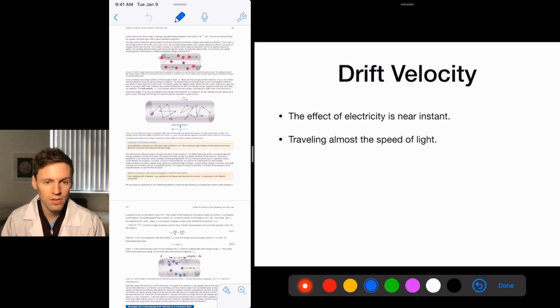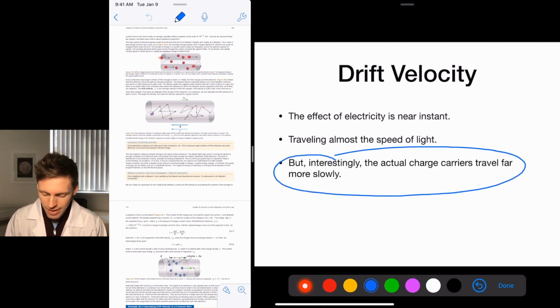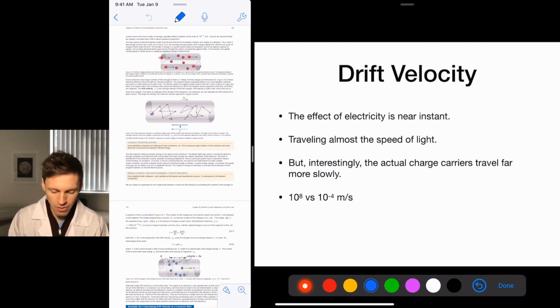But interestingly, the actual charge carriers, the electrons, they travel very, very slowly. The charges themselves don't move very much. But when you flip the switch, they bump into each other and send a signal down the line.